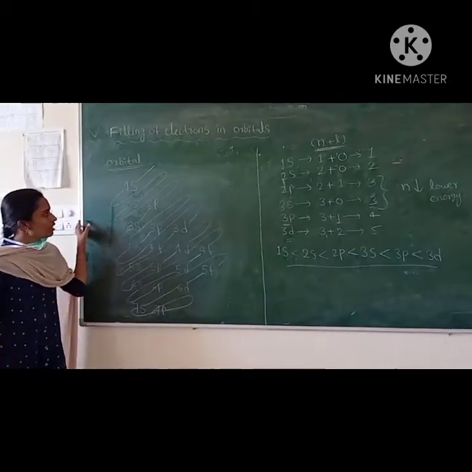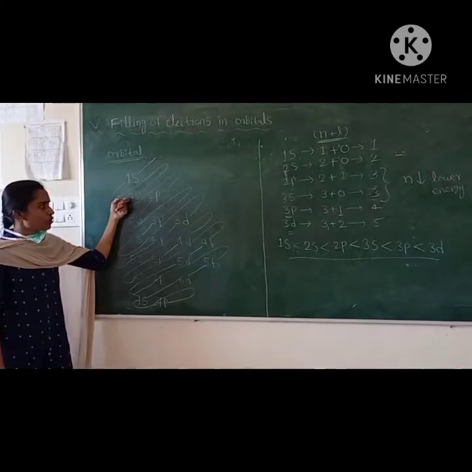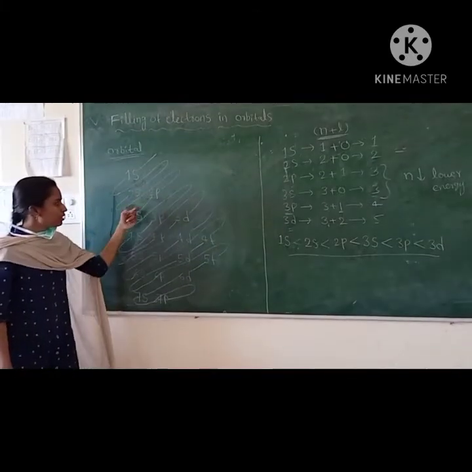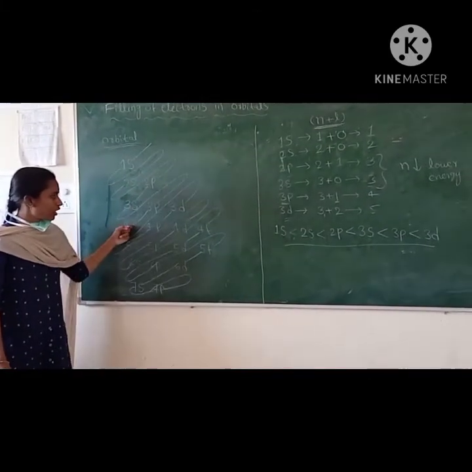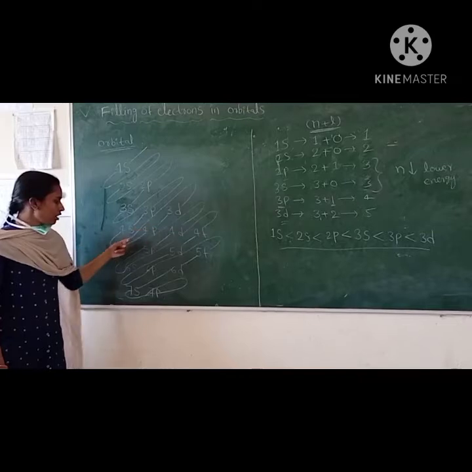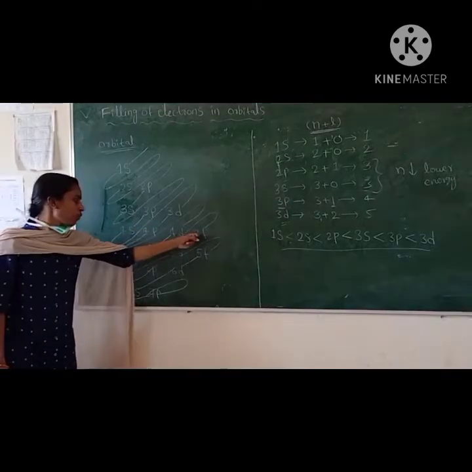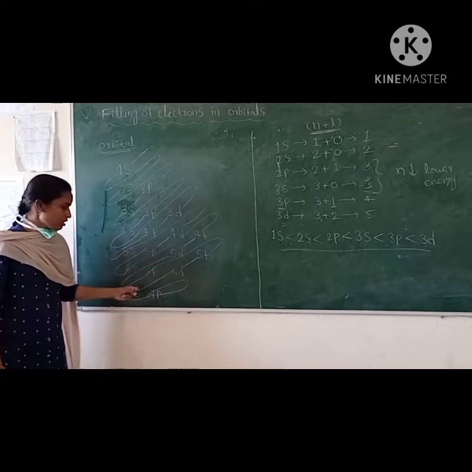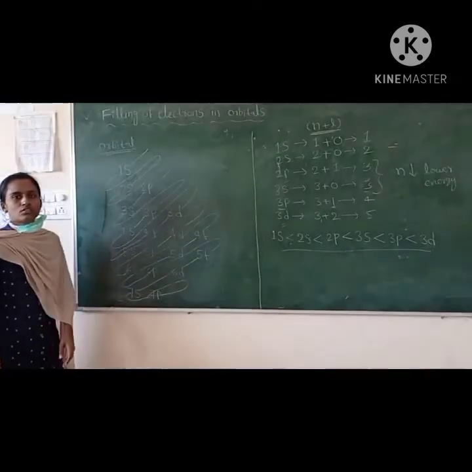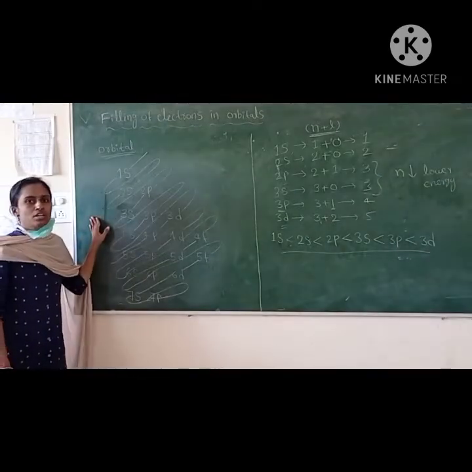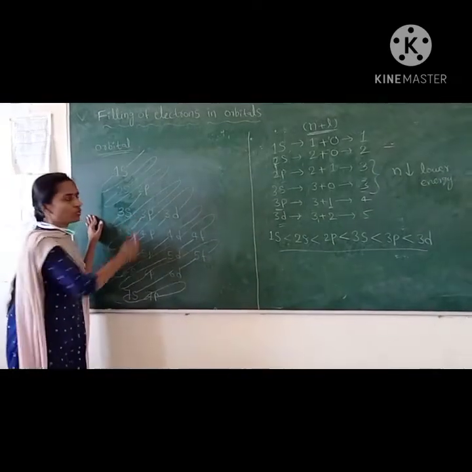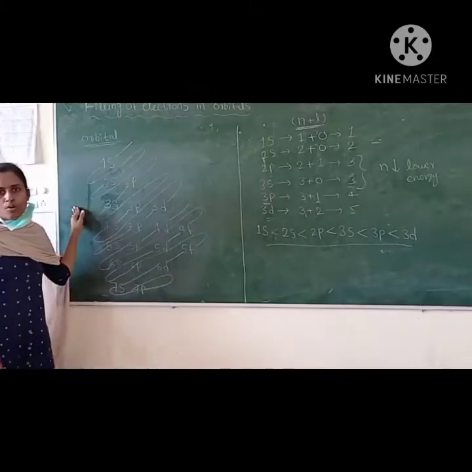So like that, 1s followed by 2s, 2s followed by 2p, 3s, 3p, 4s, 3d, 4p, 5s, 4d, 5p, 6s, 4f, 5d, 6p, 7s, like that. So we can remember the energy of orbitals by using this diagram. This is the Aufbau principle.